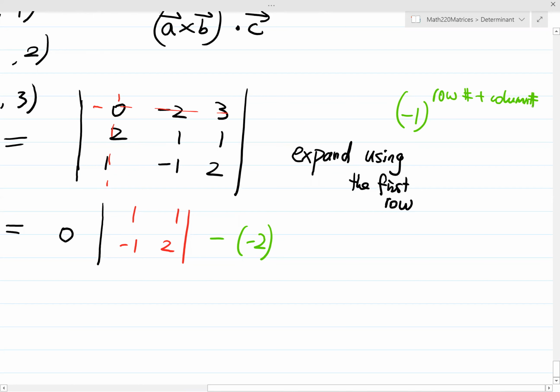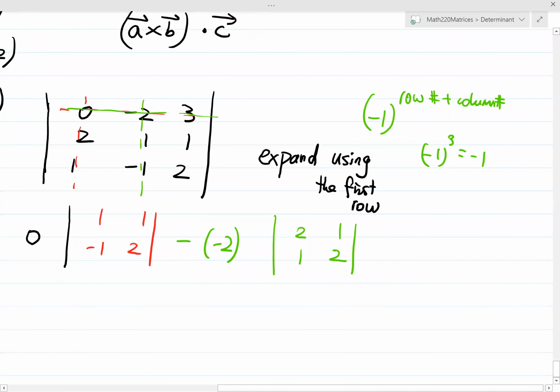Row number plus column number is 1 plus 2 is 3, so we get -1 to the power 3, which is -1. Then the remaining thing, cross out the row and column that has -2. What is remaining is 2, 1, 1, 2.